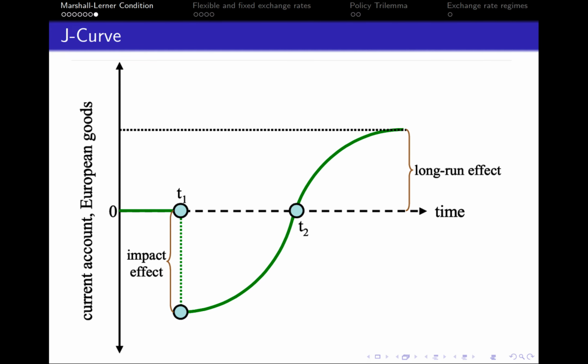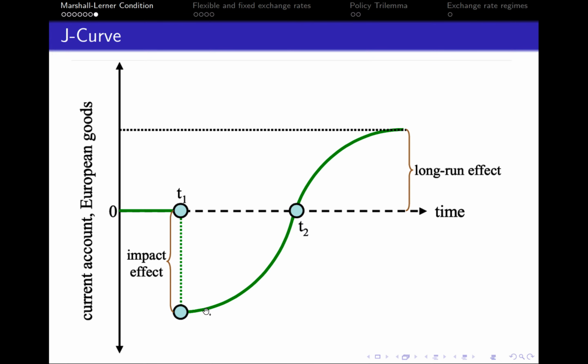Look, if either our nominal exchange rate depreciates, or if prices of foreign goods are going up, then we can expect that we need to pay more for what we already ordered, and on impact we see that it will have a negative effect on the trade balance, on the current account.